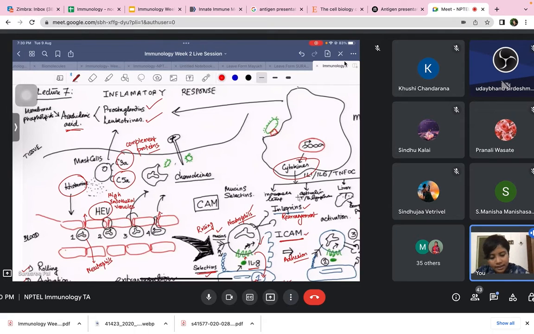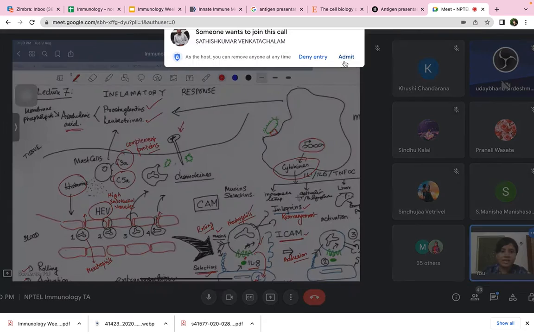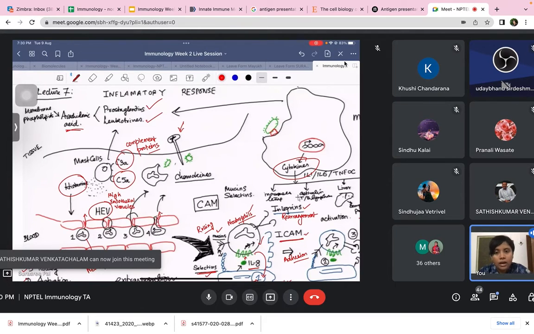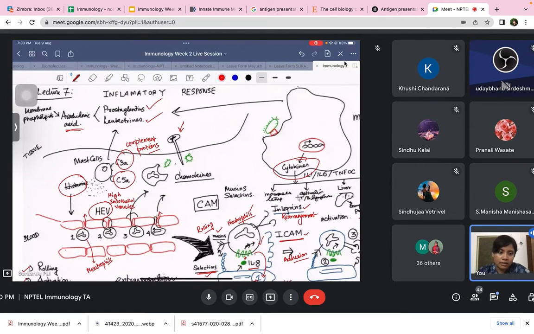Suppose this nail is pierced into your skin. After some time you will see that there will be redness, there will be swelling on your skin, and there will be pain and heat also. These are the characteristics of inflammation, right? We have also discussed this in our previous session.